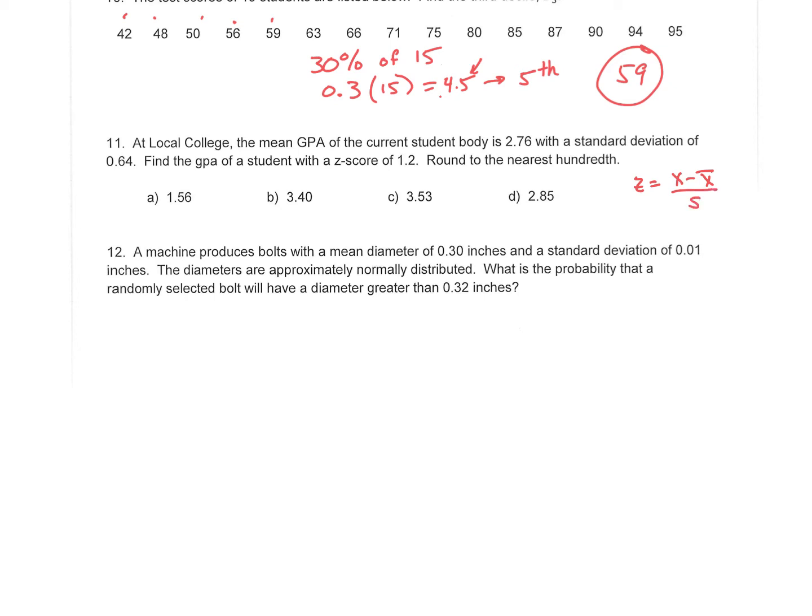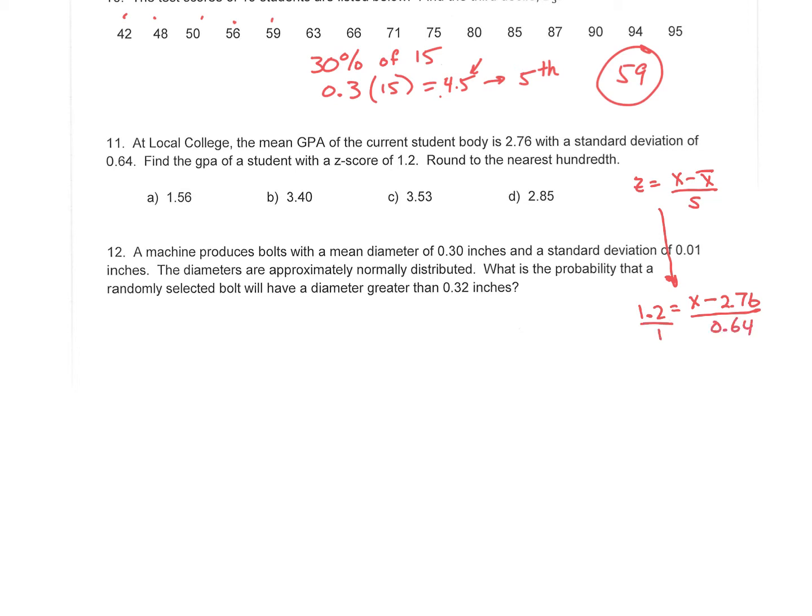Filling things into that formula, we know the z-score is 1.2, so 1.2 equals x, the score we don't know, minus the mean, which is 2.76, over the standard deviation of 0.64.